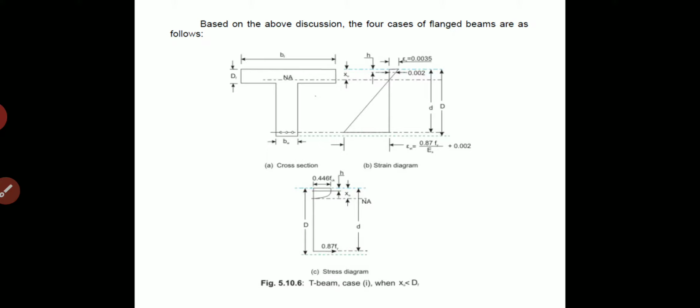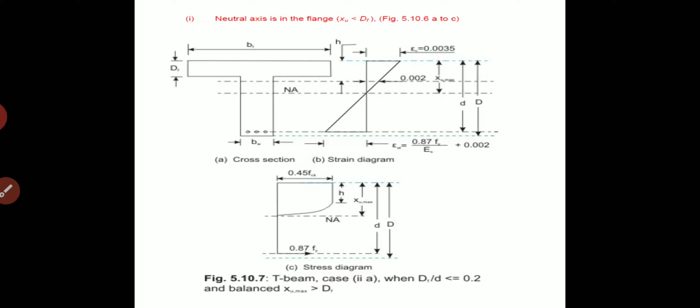If Xu is smaller than the depth of flange, then the T-beam behaves as a rectangular beam, as we previously discussed. So the strain diagram and stress diagram are like a rectangular beam.